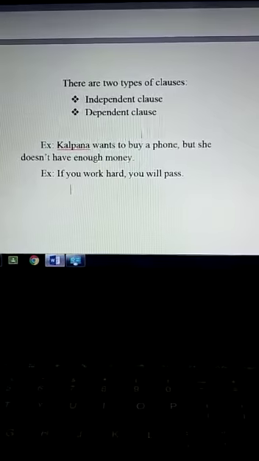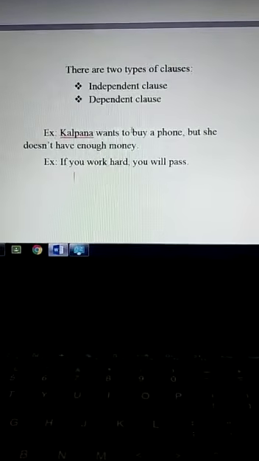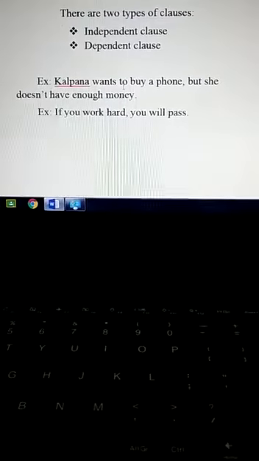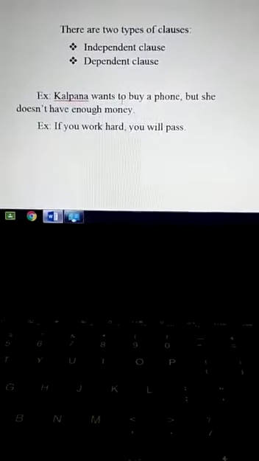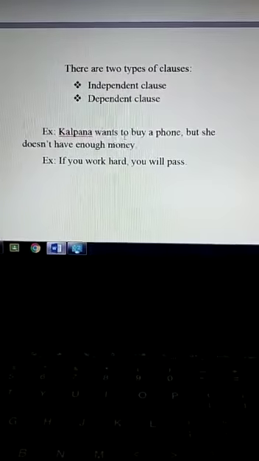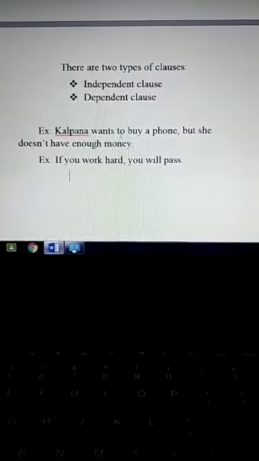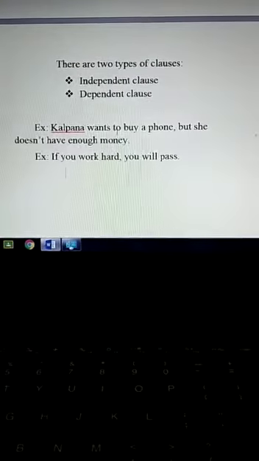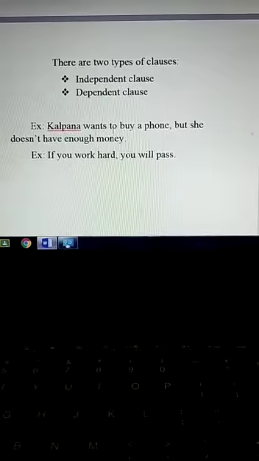Both are meaningful sentences. Both are independent clauses. One sentence is not depending on another one. Even if it stands alone, it can give meaning.